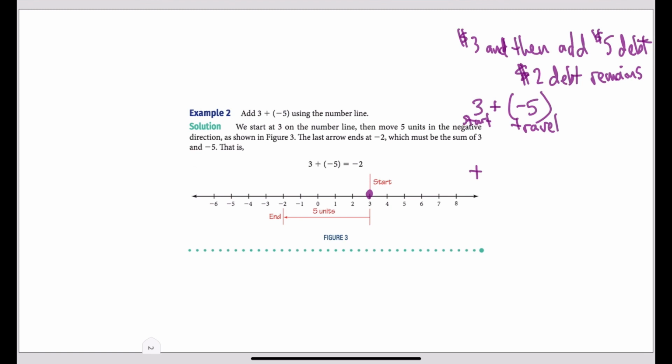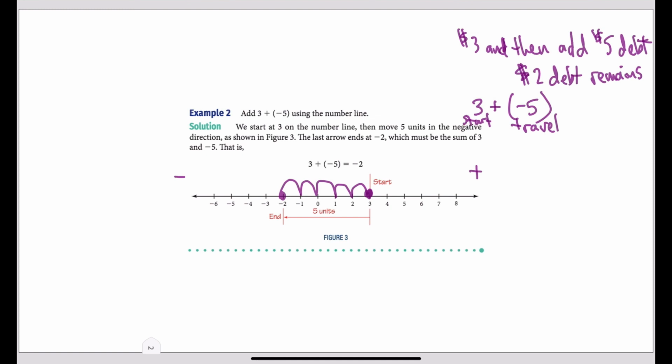Let me level that out a little bit. There we go, better. So if we have a negative sign, as we do in this case, then we're going to travel toward the left. So we start here at 3 with the first number, and then we travel 5 units to the left. 1, 2, 3, 4, 5. And that's where we end.